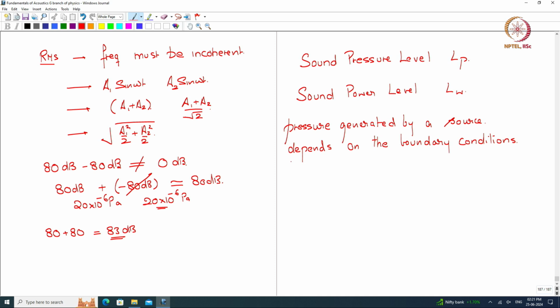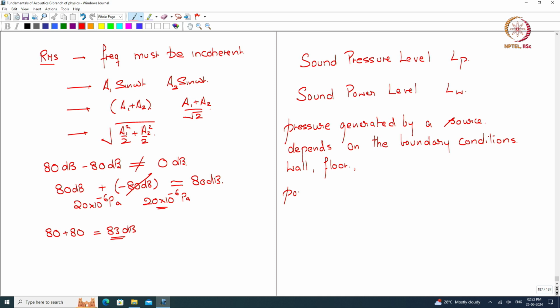What are the conditions on the wall, conditions on the floor, and so forth. It depends, it is not independent of all these.